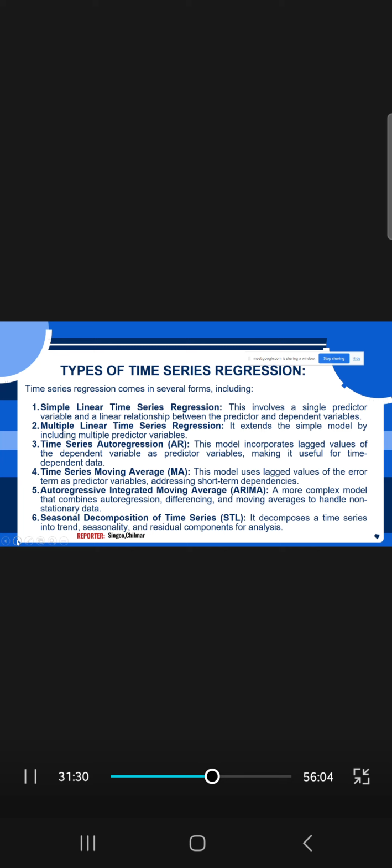This is a statistical technique that breaks down a time series into three components: trend, seasonal and residual. It is a very useful technique for identifying and analyzing patterns in a time series.